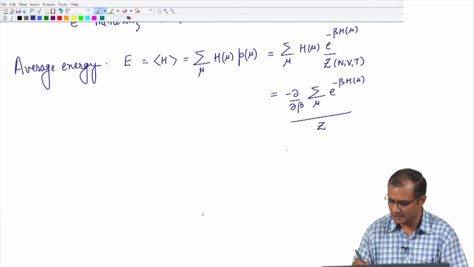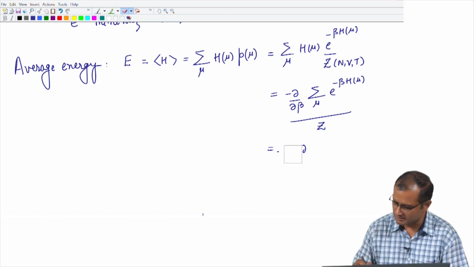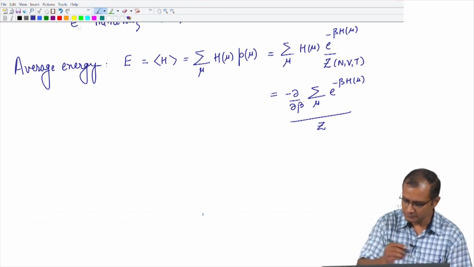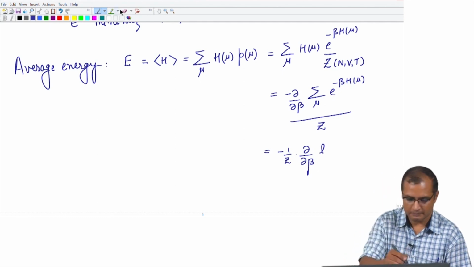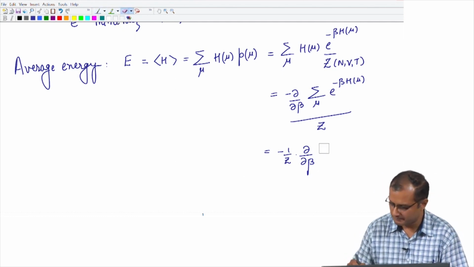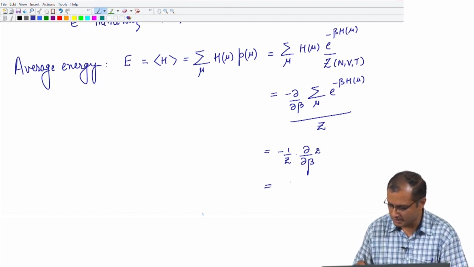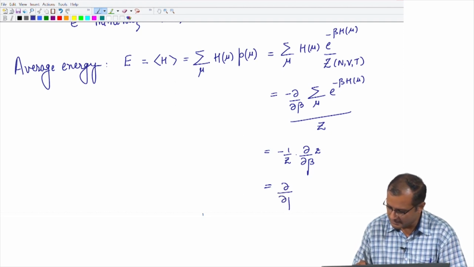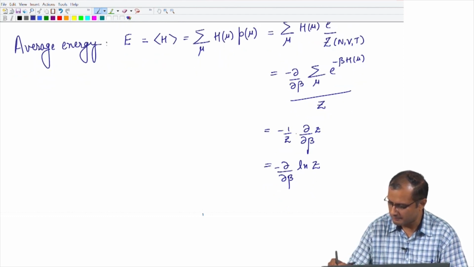And finally, this can be seen to be just minus 1 upon Z d over d beta Z, which is nothing but minus del over del beta of ln Z. Okay.